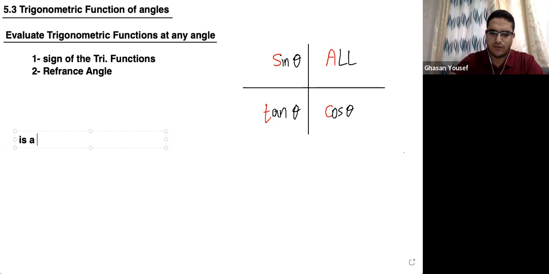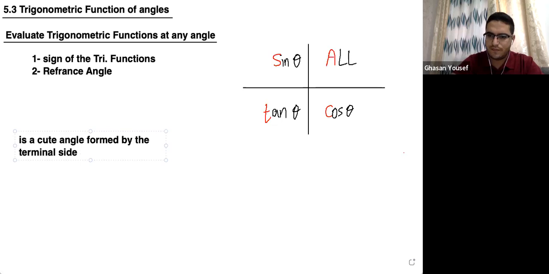An acute angle is any angle between 0 and 90 degrees, formed by the terminal side of theta and the x-axis.